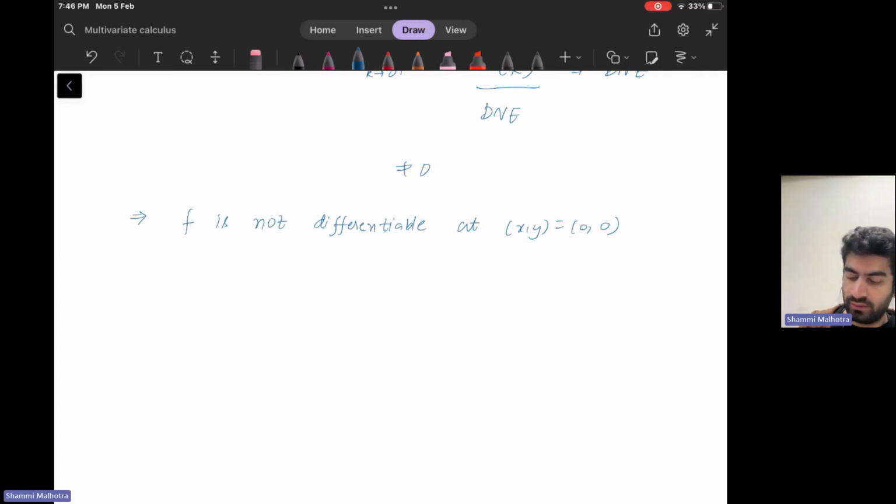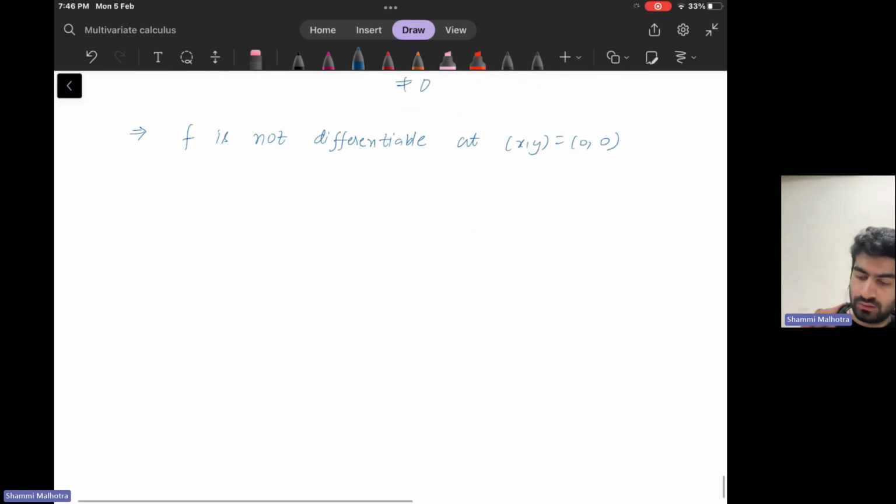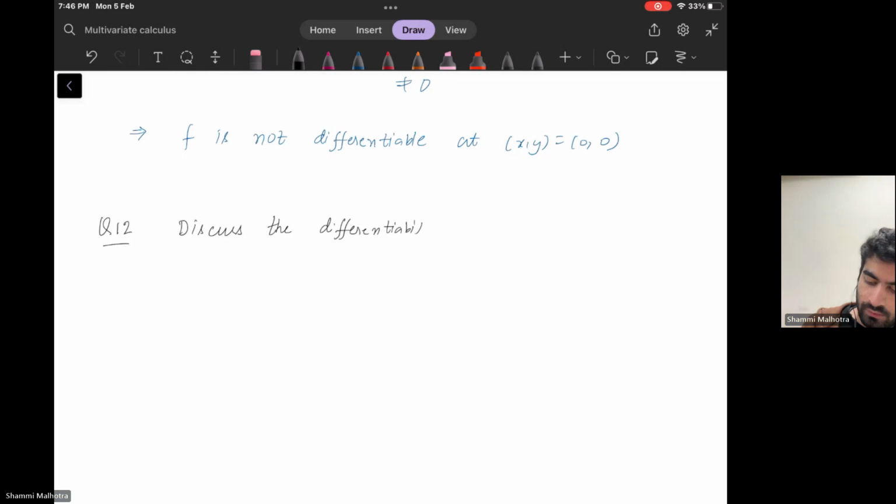So let us look at the differentiability of another function. I would like to discuss the differentiability of the following function at (0, 0).